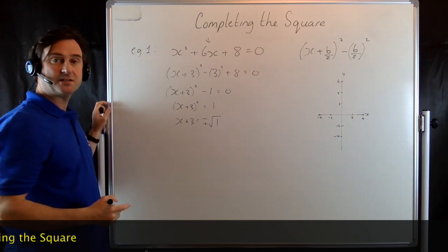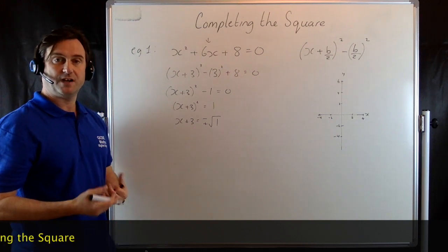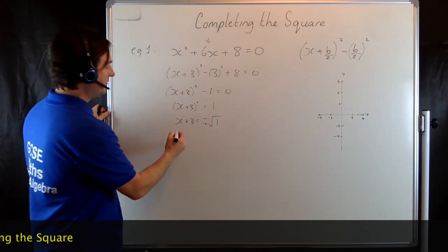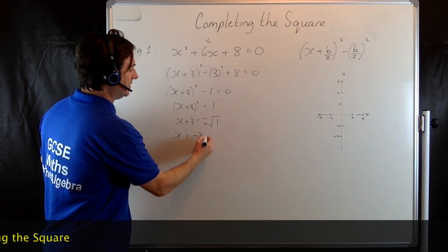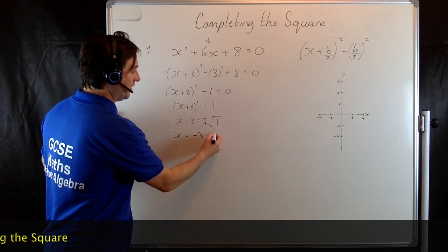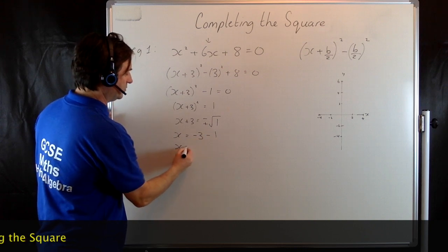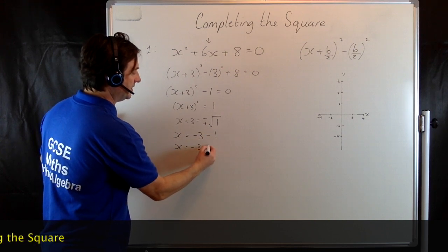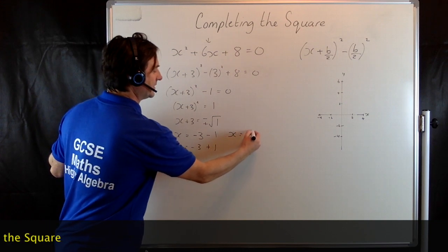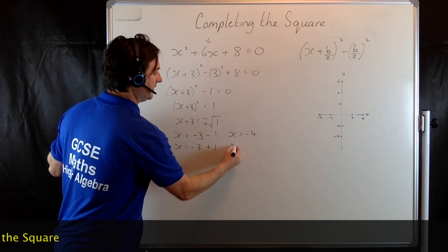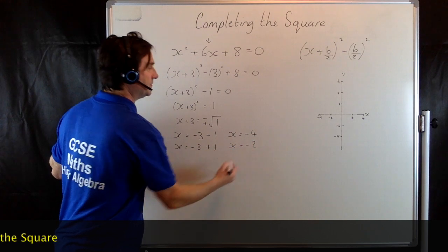Note the plus and minus there, because obviously a square root will have two values, a positive and a negative. If I then take the 3 over, x is going to equal negative 3 minus root 1, or minus 1, and x will also equal negative 3 plus 1. So my values for x are going to be x equals negative 4 and x equals negative 2.